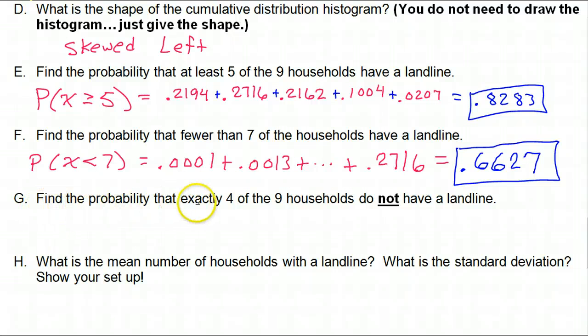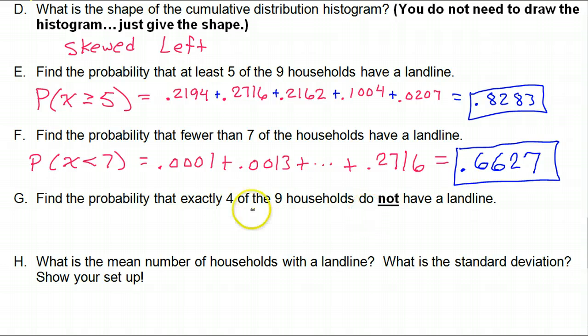Find the probability that exactly 4 of the 9 households do not have a landline. This just takes one extra small step. We have success or failure: either you have a landline or you do not.